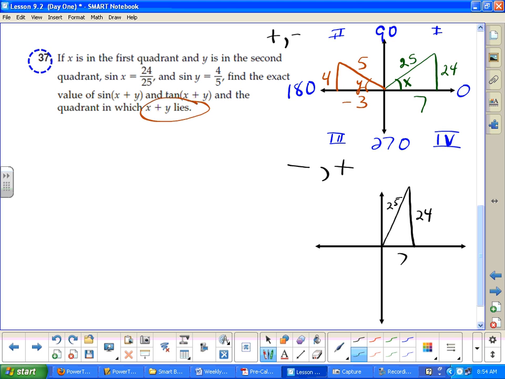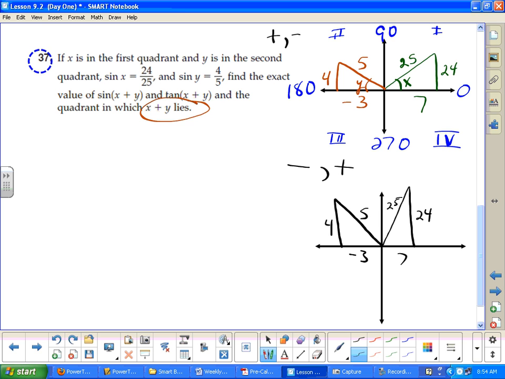And in the second quadrant, it's probably going to be a little bit closer to something like this. So it's possible I could get to the third quadrant. More than likely, I'm probably going to end up in the second, aren't I? Okay, so let's see what happens.